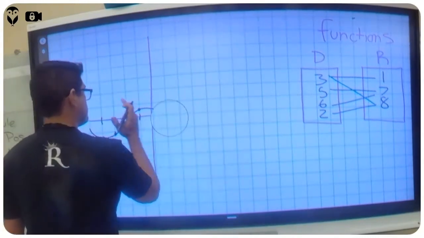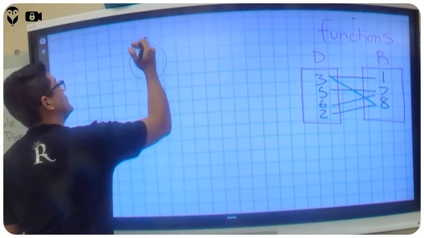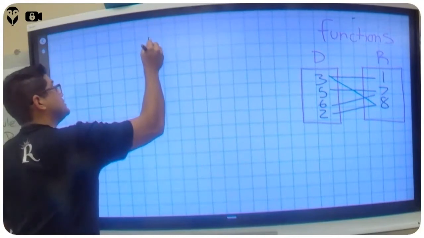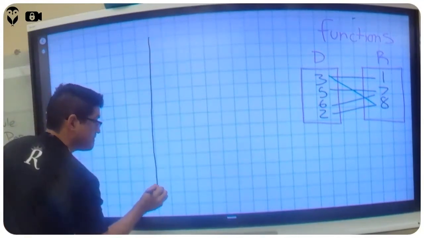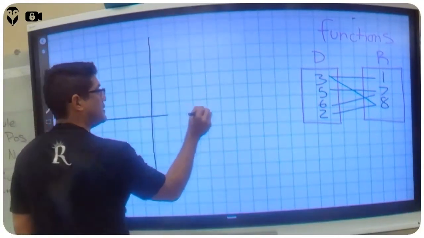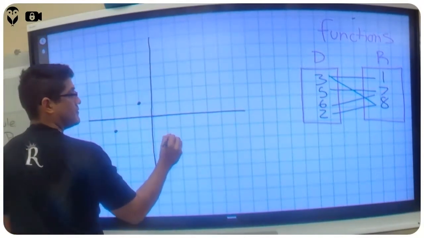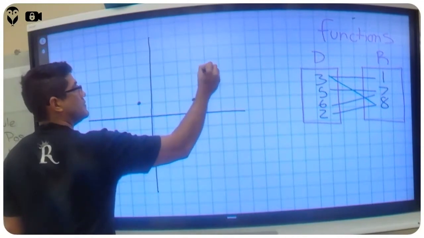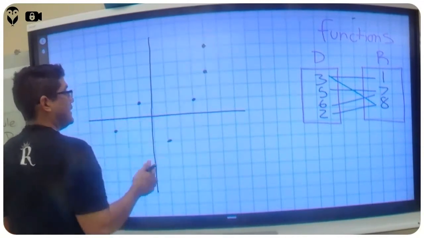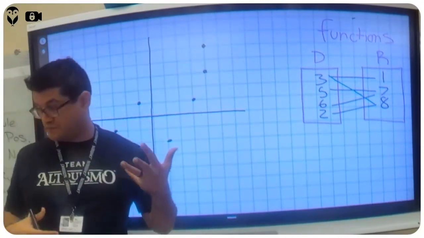All right? If I give you something like this, so that was a continuous line. Okay? I also can do something like this. Okay? Not connected, like this. Okay?